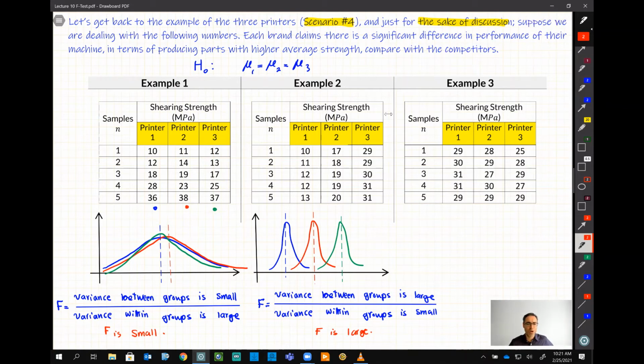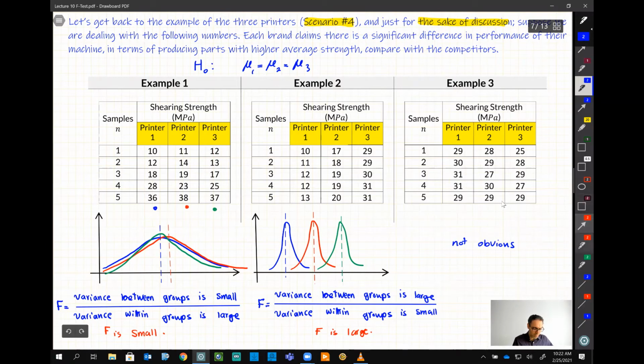F is around 1. The variance is small for everything. So that's true. Yep. So as you can see, for example 3, it's not really obvious. It's not like example 1 and example 2. And as I said, for example 1 and 2, I just exaggerated it for the sake of discussion. I used these values so you could obviously see it. So the differences are not obvious.